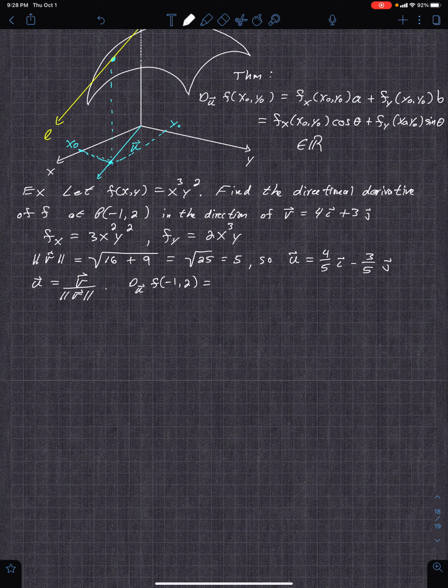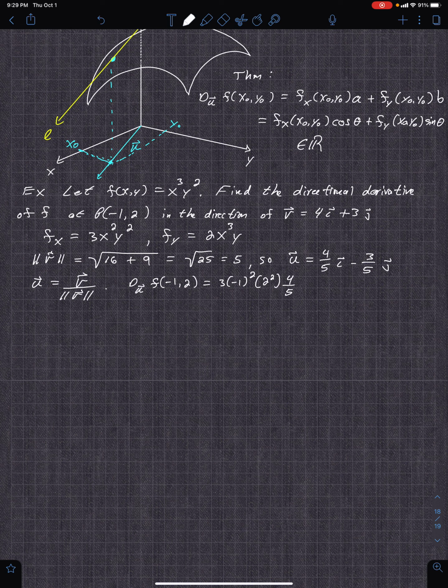And so you have your x and y, so it's going to be 3 times negative 1 squared, and then y squared is 2 squared, and then times your a, which is 4/5. Okay, now what?